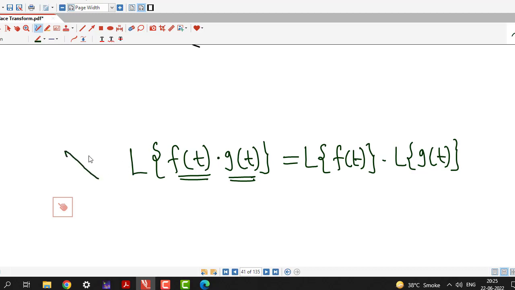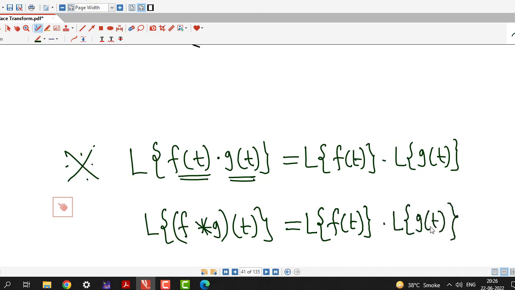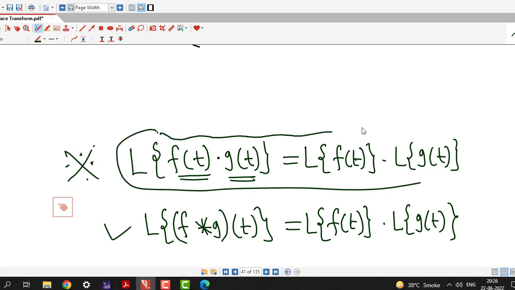So be careful, this is dangerous. Instead, this result is true for the convolution operation. For the multiplication operation, the result is not true, but it is true for the operation of convolution between two functions. So this is always correct, and for product this is not correct. So never use this result for products. It is true for convolution operation.